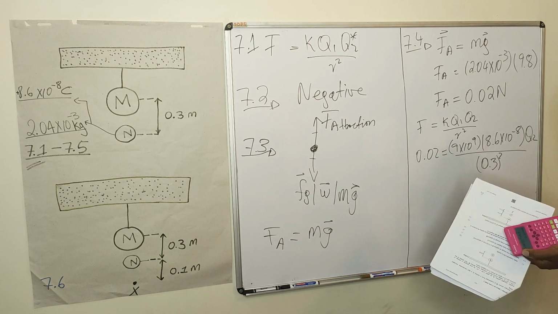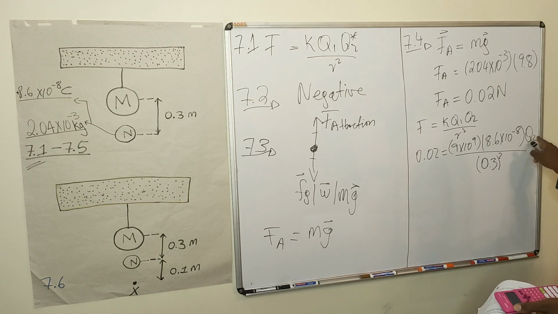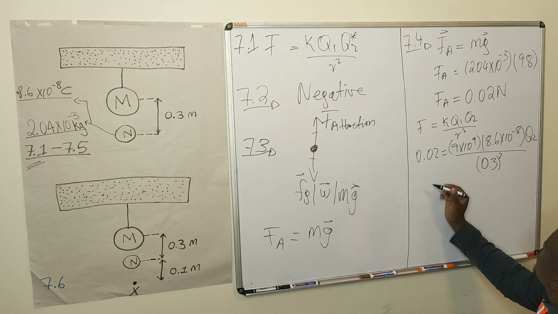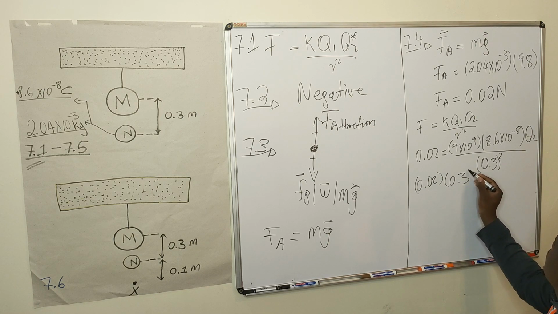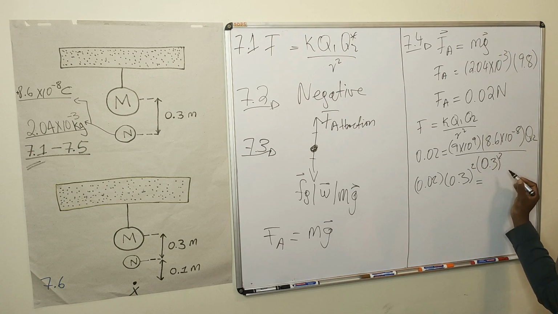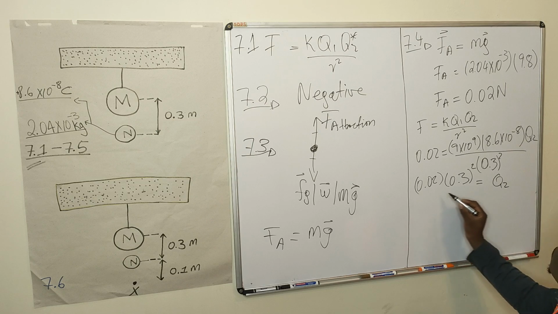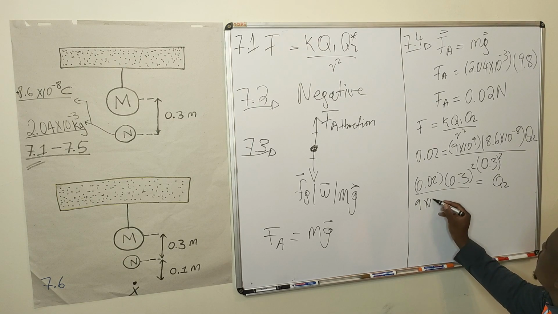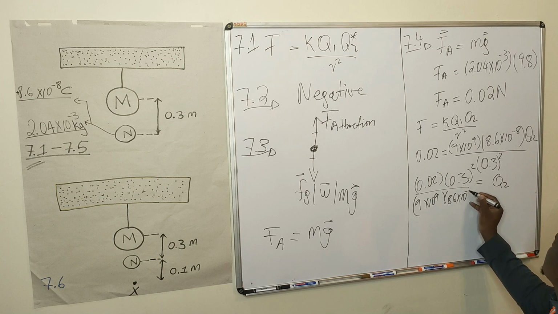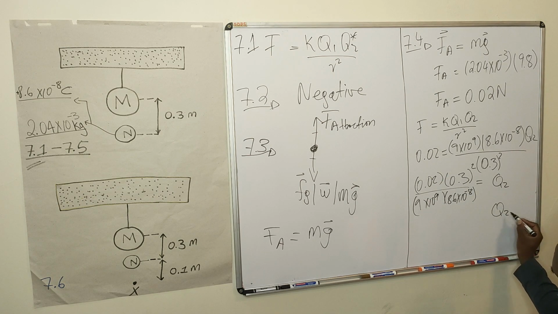Then you don't punch it, you solve for Q2. You say, okay, I can cross multiply. So we have 0.02 times 0.3 all squared is equal to Q2 times 9 times 10 to the 9 times 8.6 times 10 to the minus 8. You can solve whichever way you want.